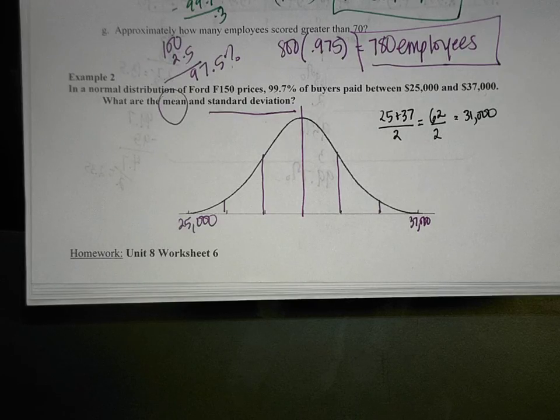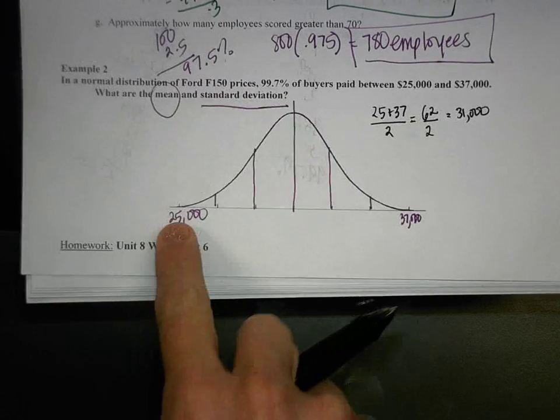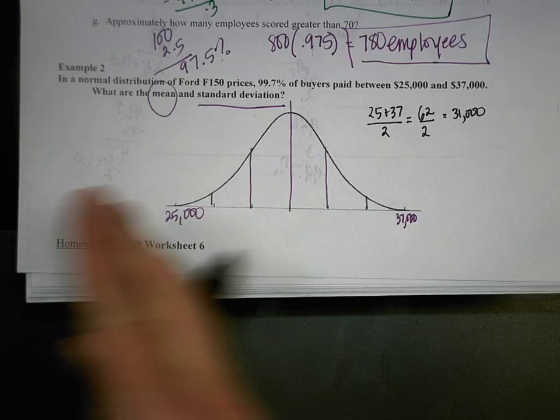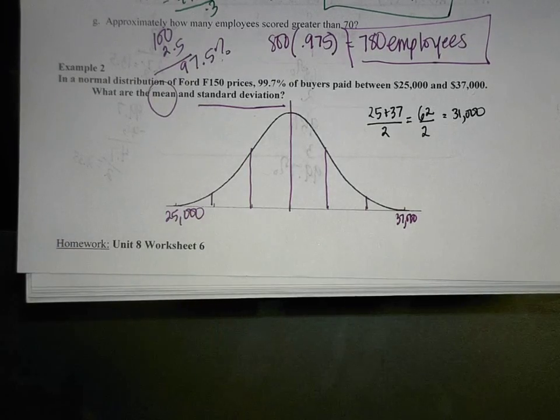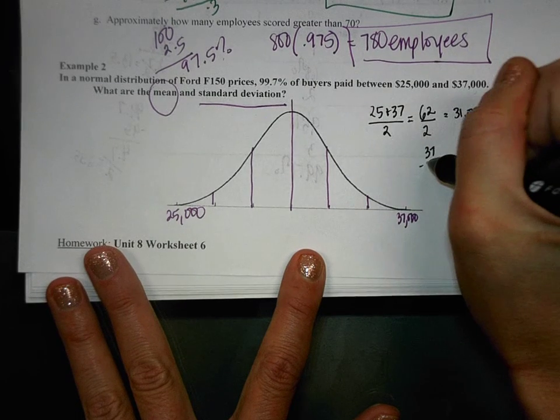Okay, I'm just going to help you out here. If you want to figure out 37 and 25, what amount does it go up? Okay, so 37 minus 25 is 12,000.